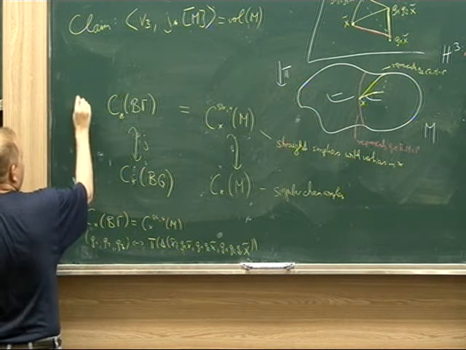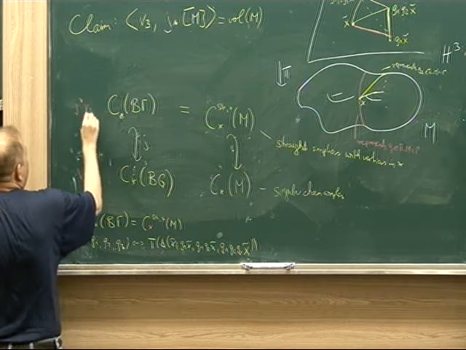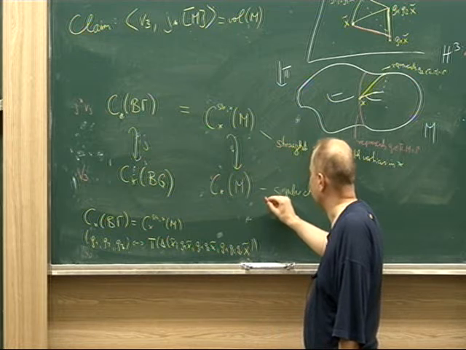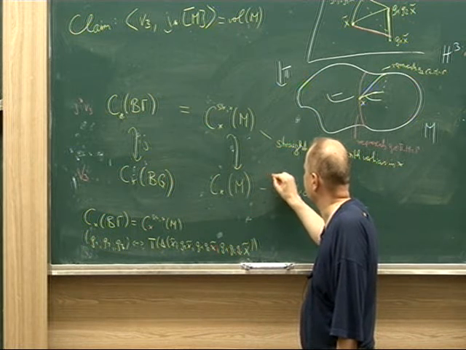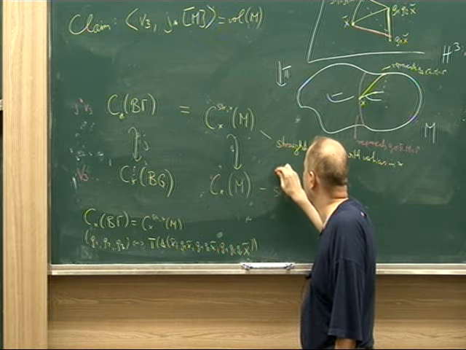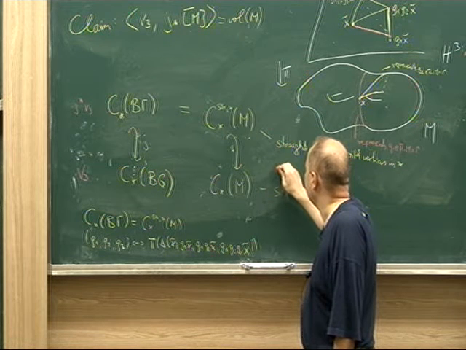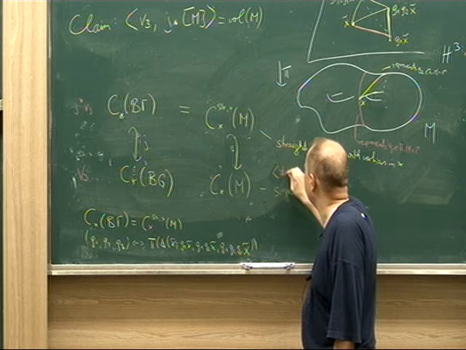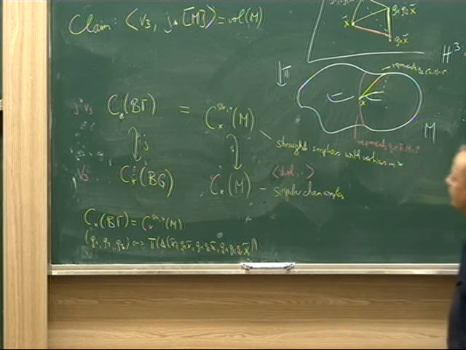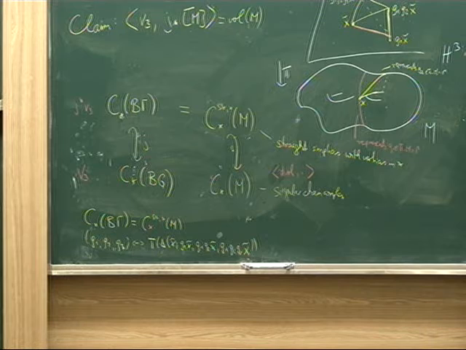So here you have then the pullback, and of course the homology class defined by integrating the volume form over simplices, so this defines your homology class.